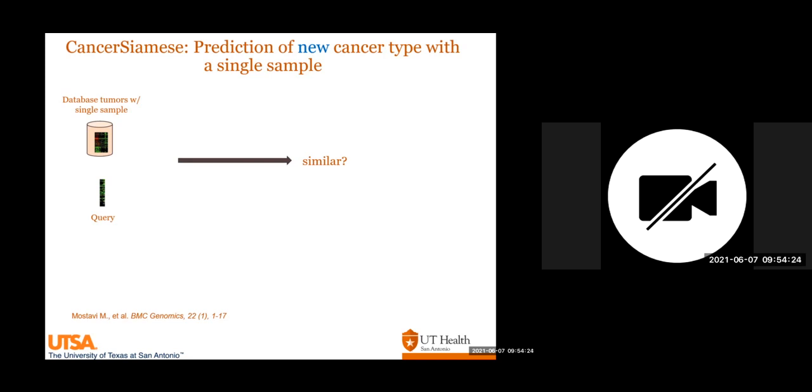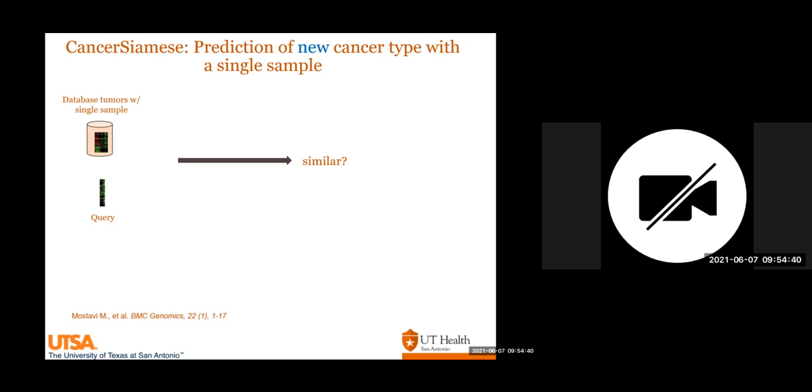So what we imagine is in the future that there will be one or a few samples collected for different cancer types. So in a very fine classification, we can treat each individual patient as a specific type.